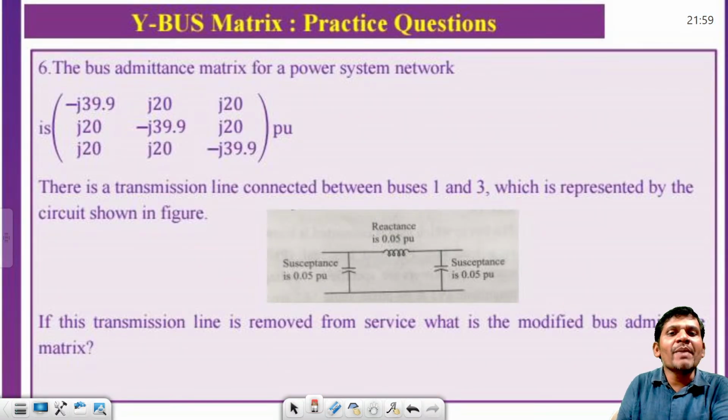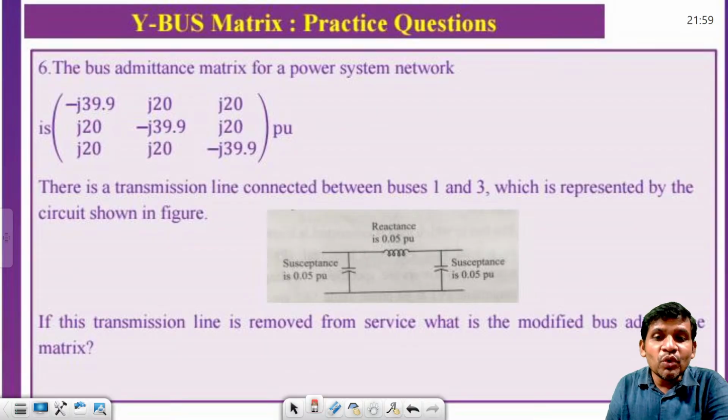The bus admittance matrix for a power system network is given. There is a transmission line connected between buses 1 and 3, which is represented by the circuit shown in the figure. If this transmission line is removed from service, what is the modified bus admittance matrix?